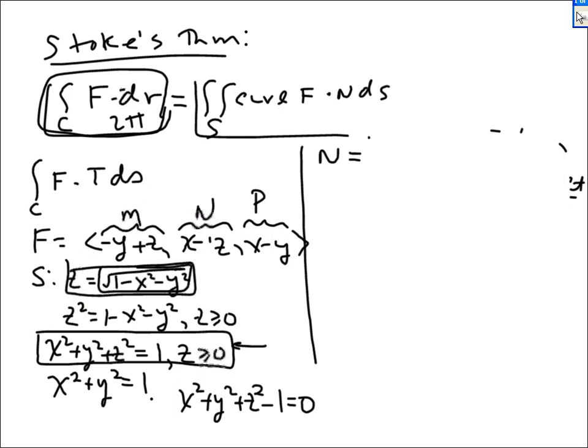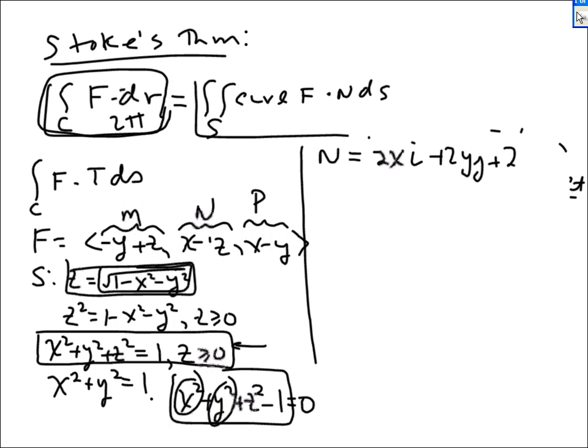The normal would be the partial with respect to x in the i direction, plus the partial of this with respect to y in the j direction, plus the partial with respect to z in the k direction. And this gets divided by its length.